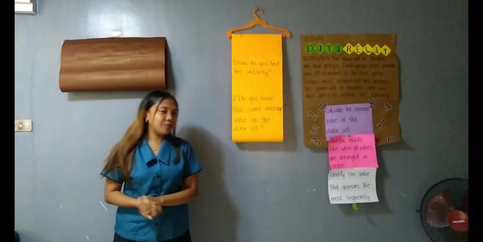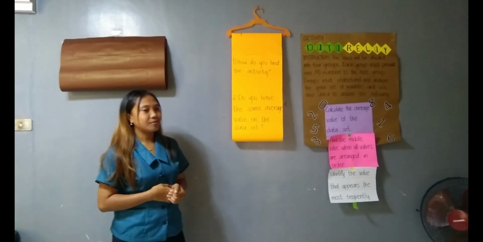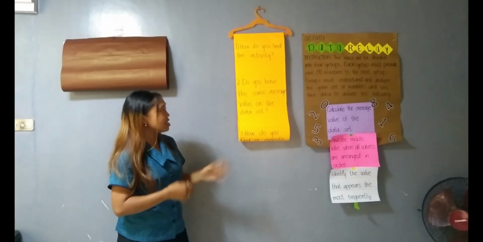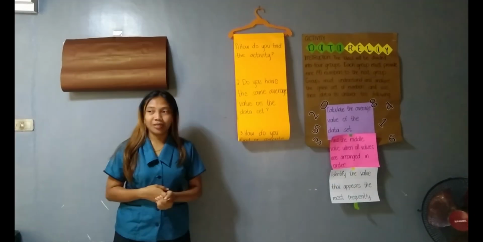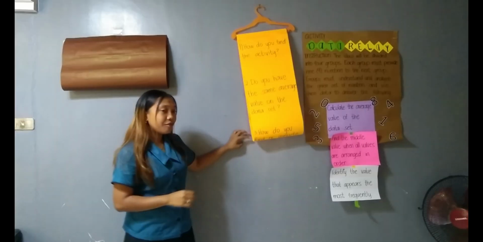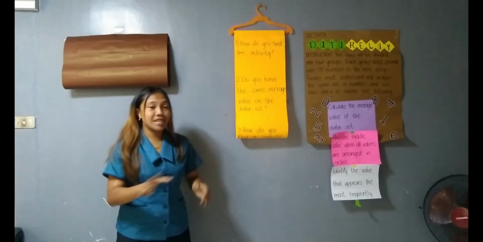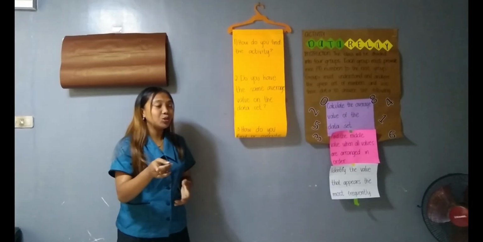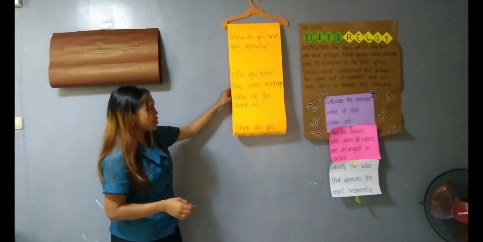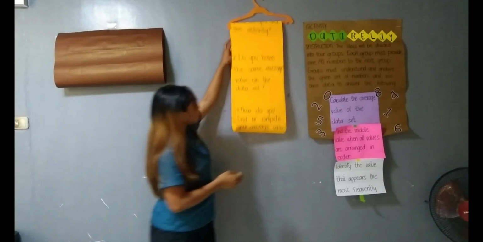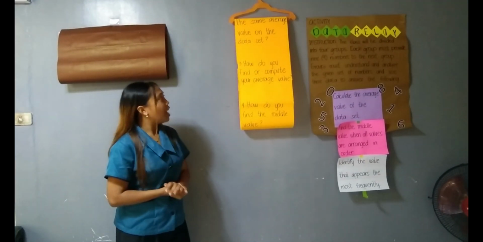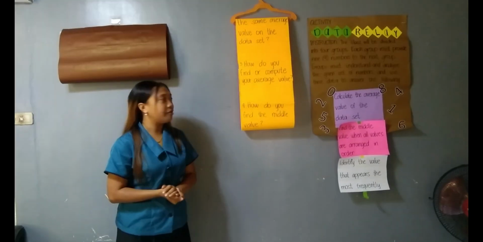How do you find the activity? Group 2. Okay, very good. Do you have the same average value on the data set? Group 3? The other group? No, you didn't have the same average number because you didn't have the same numbers. Very good. How about group 4? How do you compute your average value?